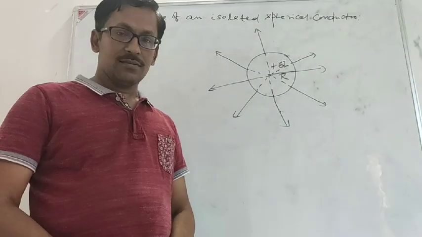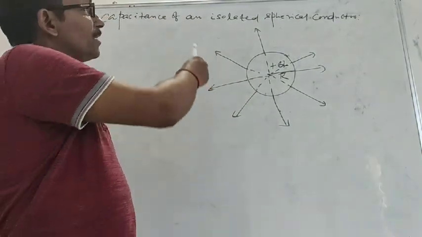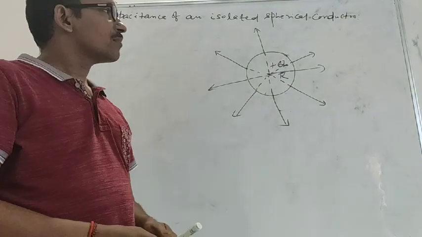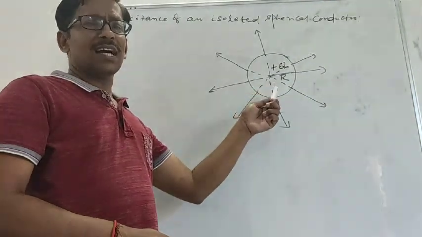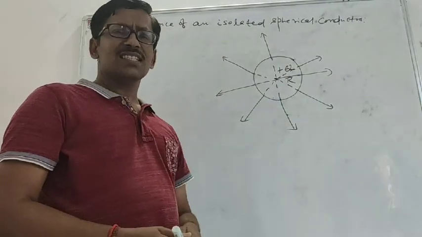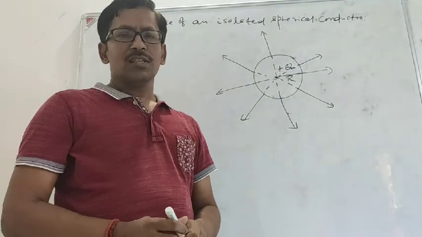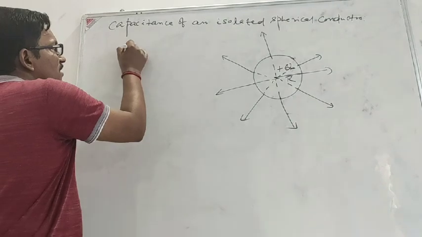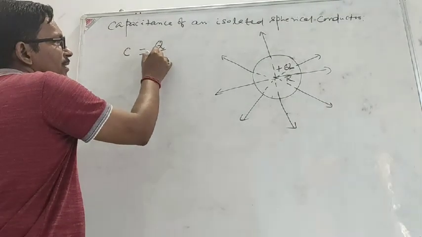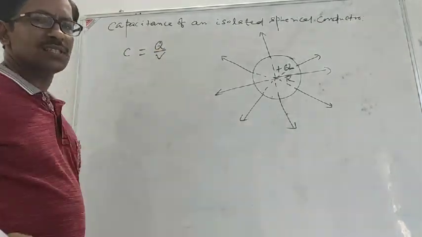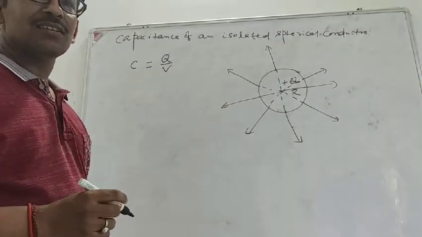Now let us find the capacitance of an isolated spherical conductor. Consider a sphere of radius R carrying a charge plus Q. Then you know the formula for capacitance, C is equal to Q by V, charge divided by potential.